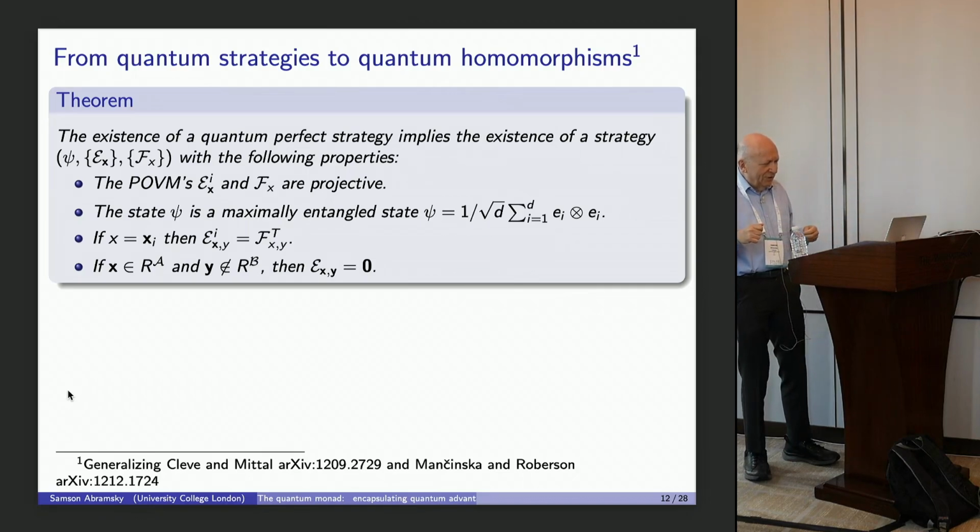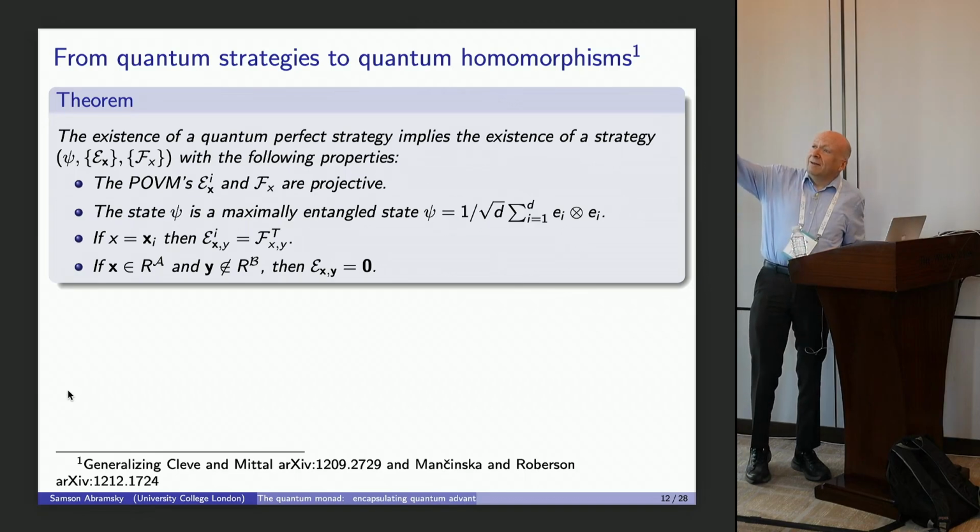But actually, the existence of a quantum perfect strategy implies a normal form that drastically cuts down the possibilities. If we're going to have a perfect strategy at all, the state can be taken to be very specifically a maximally entangled state.